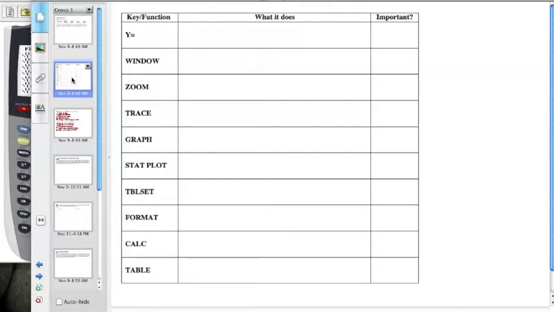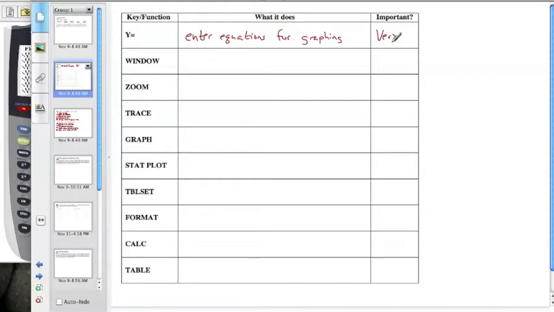So the first one is the y equals button, and that one is used to enter equations for graphing. And this one happens to be very important.